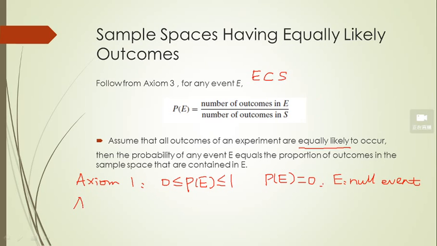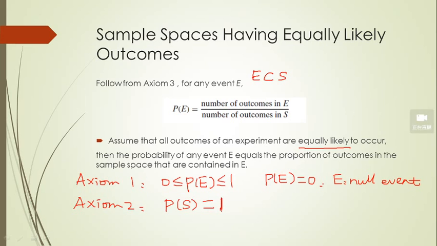And then axiom 2, the sample space. What is the probability of the sample space? You can take the sample space as a special event. The numerator becomes the number of outcomes in the sample space over the number of outcomes in the sample space. Of course, it's 1, right?